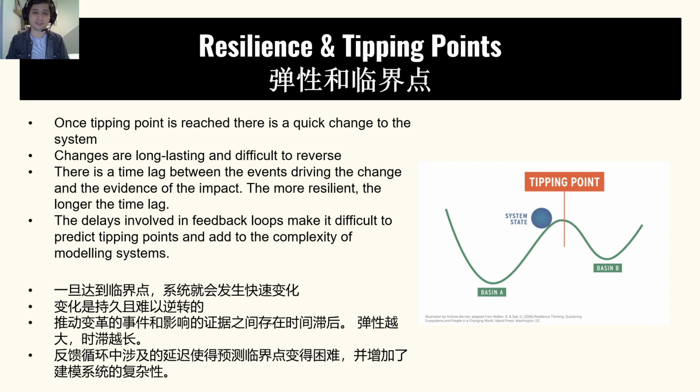So the system is doing as much as it can to be resilient, and often the effects won't be shown until it reaches that tipping point, and then things will happen very quickly.